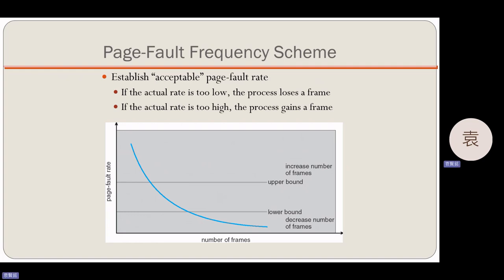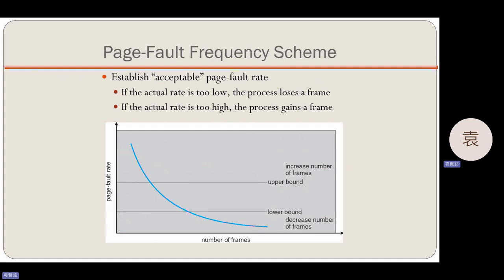You can measure according to history to set up two thresholds, one as an upper bound and one as a lower bound, of the actual page fault rate.